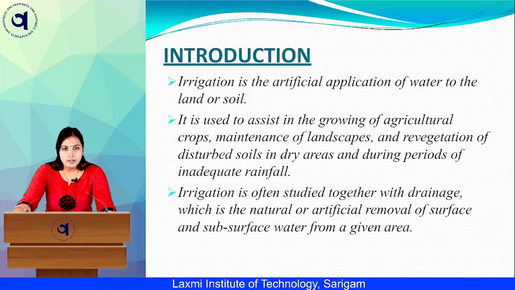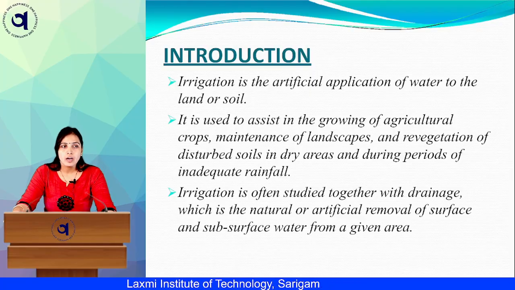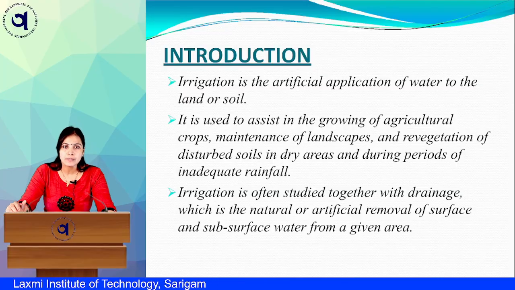So we all know what irrigation is. Irrigation is the artificial supply of water to the land. Natural supply of water we have from rainfall during monsoon, in terms of precipitation.